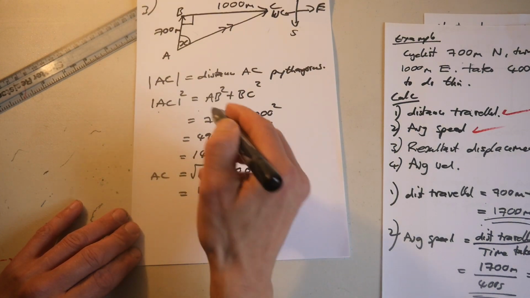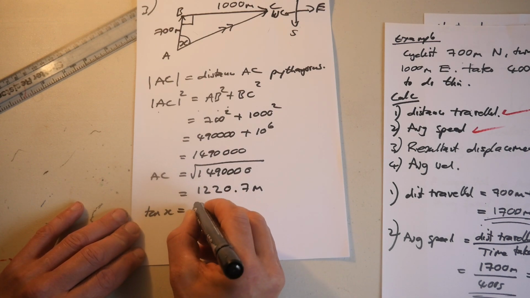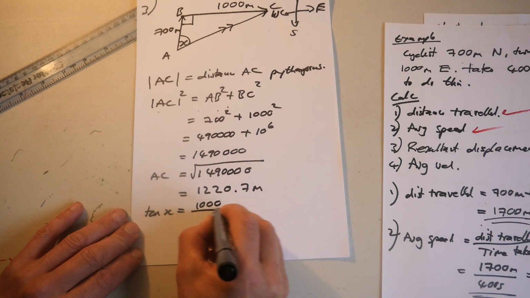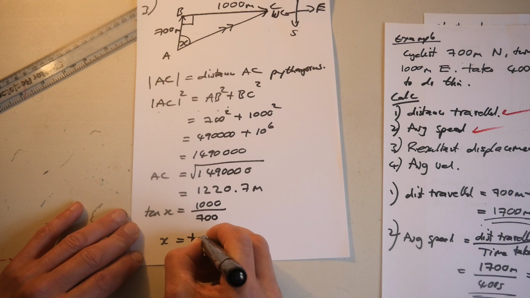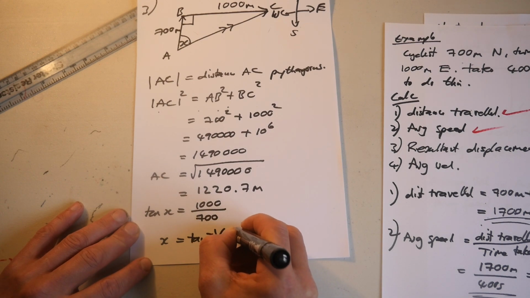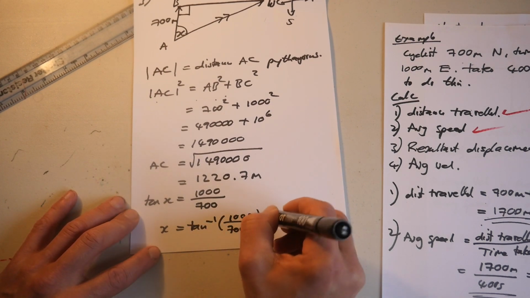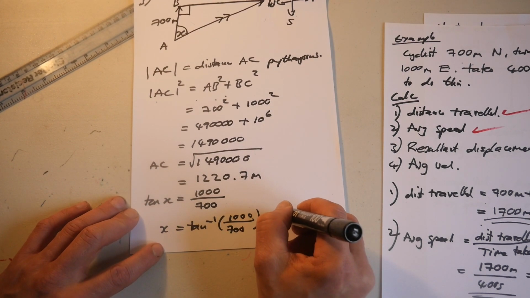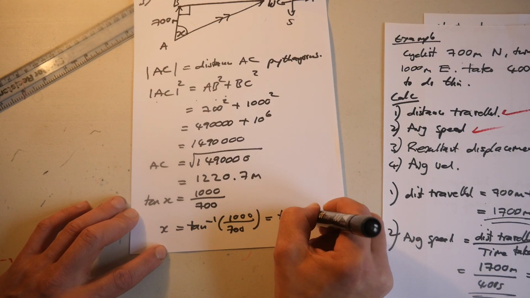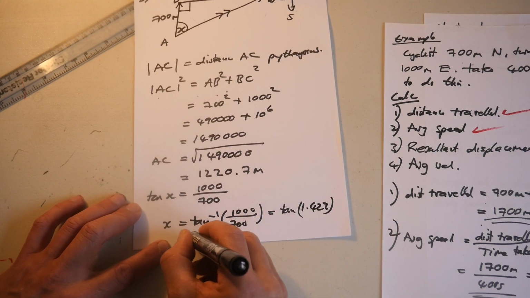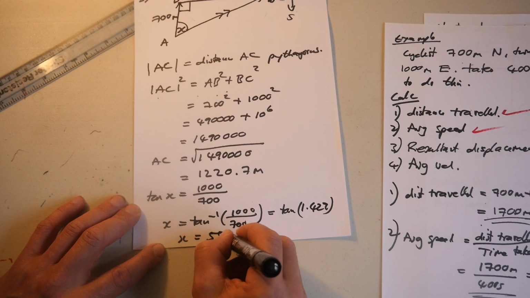which gives you AC at 1220.7. And then to get x, we go tan x equals opposite over 700. So x equals tan minus 1 of 1000 divided by 700, which equals tan of 1.429, so x equals 55.0 degrees.